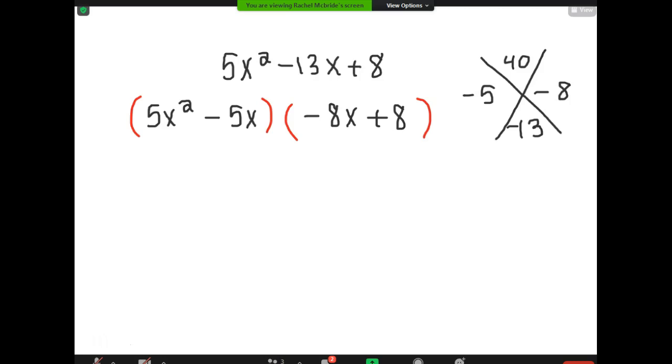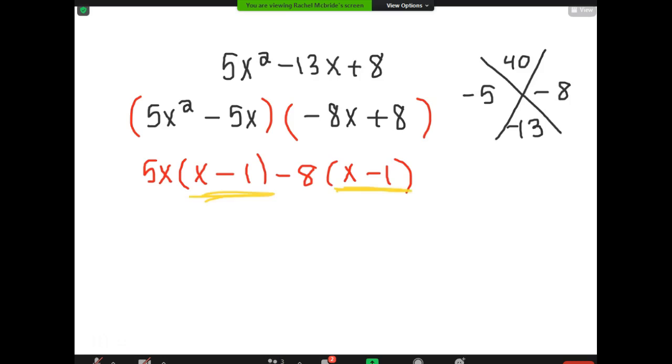So 5x squared and 5x have a GCF of 5x, leaving x minus 1. Negative 8x and 8 have a GCF of negative 8, leaving behind a positive x and a negative 1. Because I need these two factors to match, I have to bring out a negative GCF.